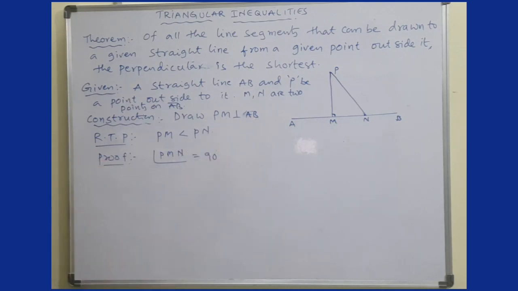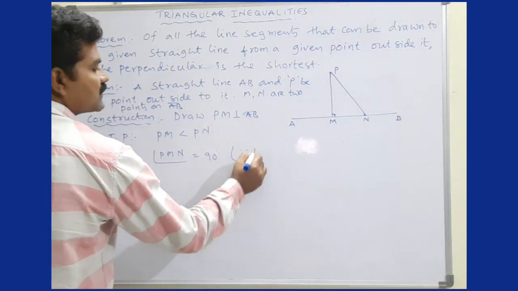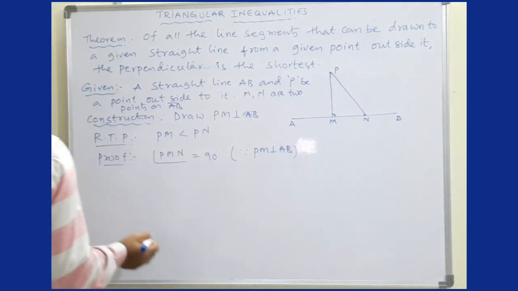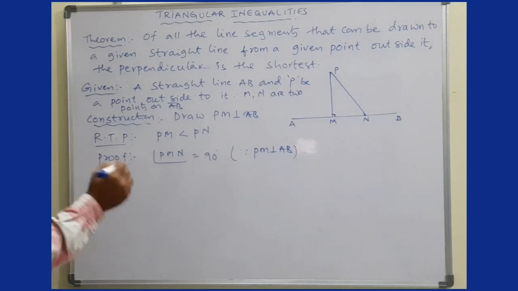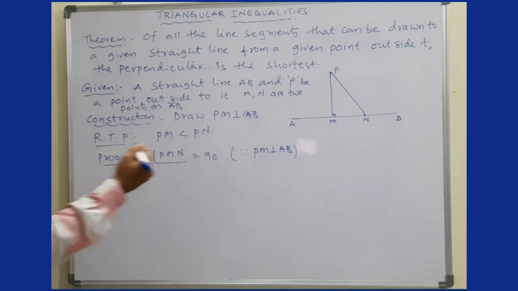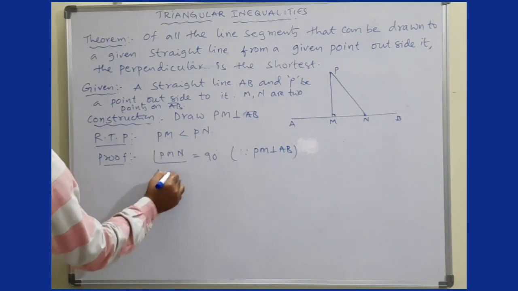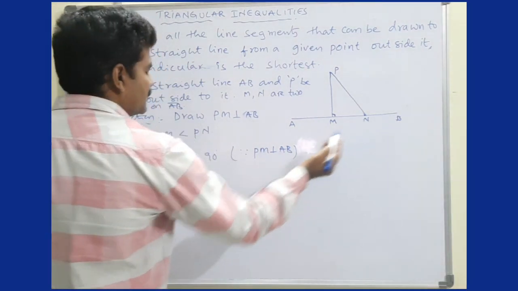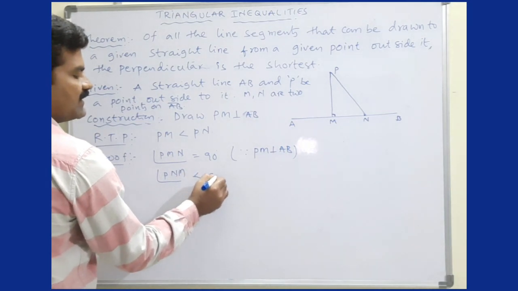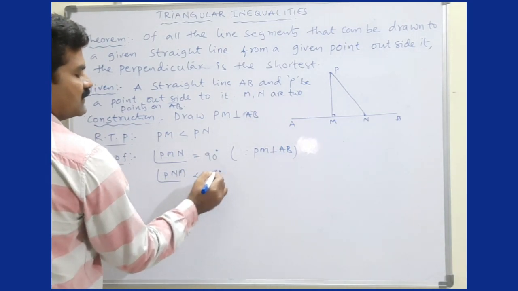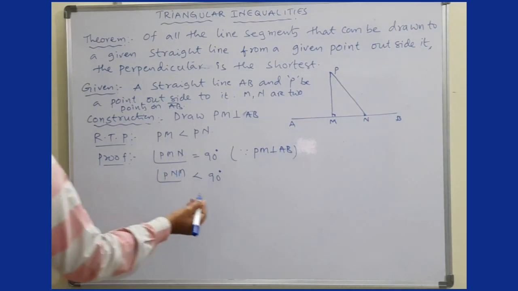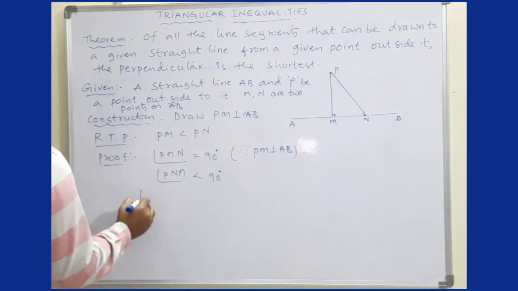Clearly perpendicular, no? 90 degrees, because PM is perpendicular to AB. And what can you say about angle PNM? This angle PNM, sure, we can say that it is less than 90 degrees.